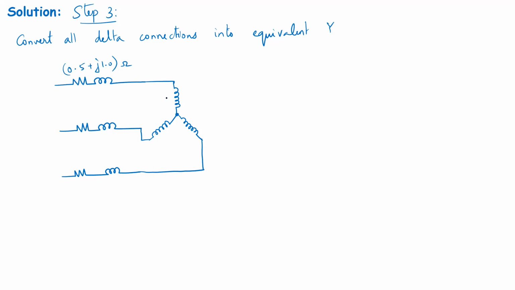So I have my primary being fed from the feeder. And then on the secondary side, it was originally delta connected, but now I'm going to redraw the delta using its equivalent Y.